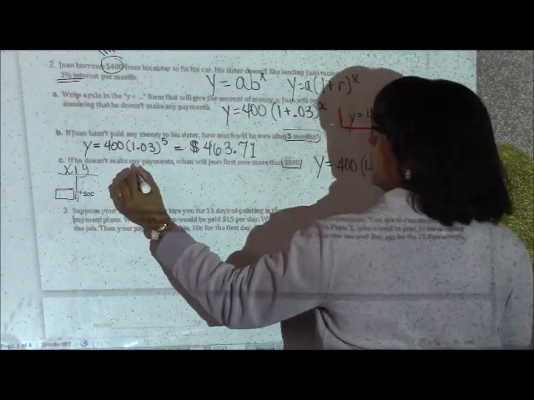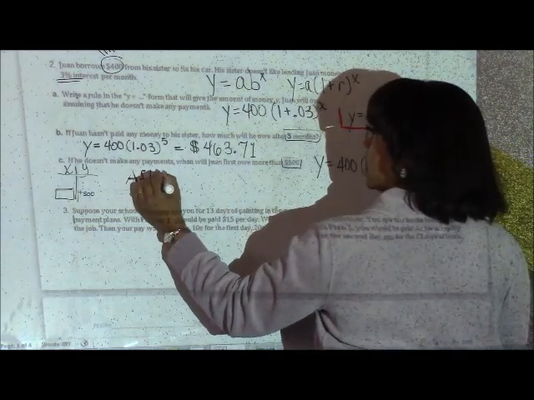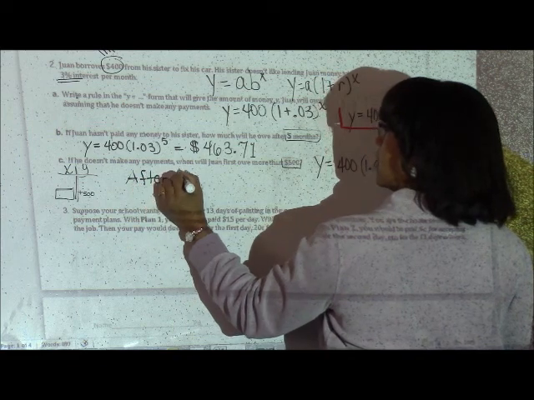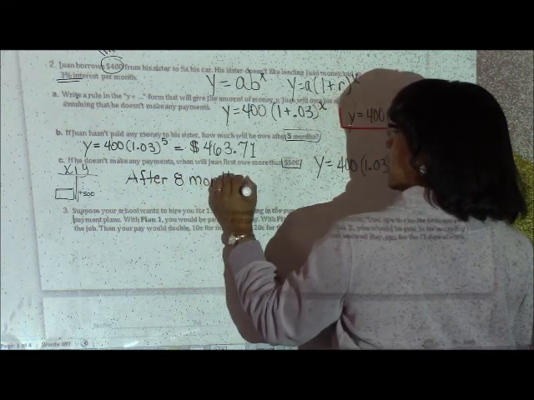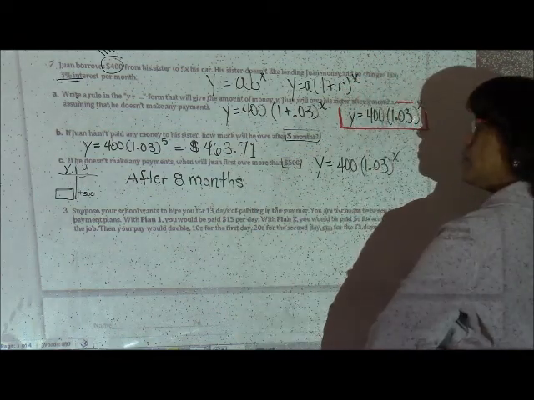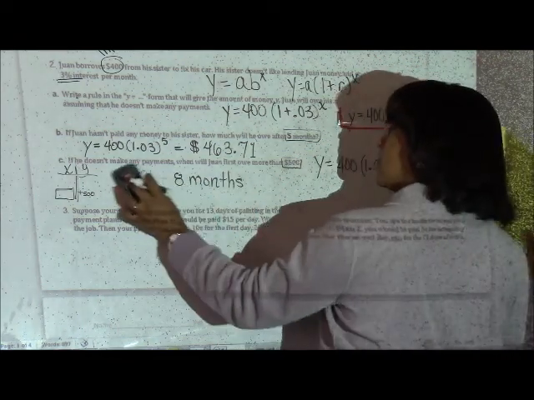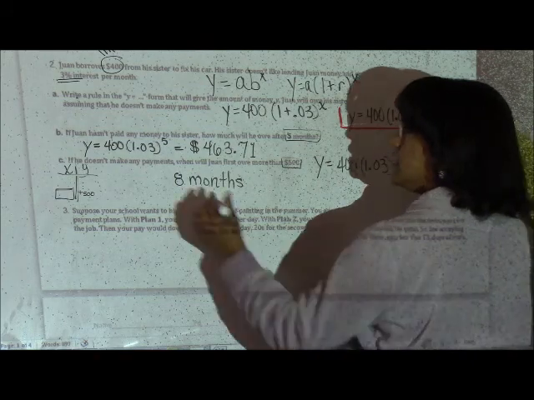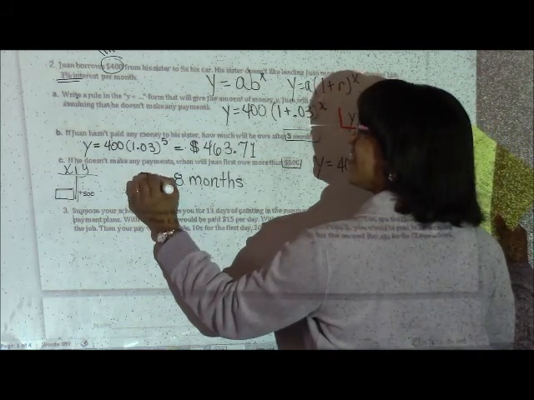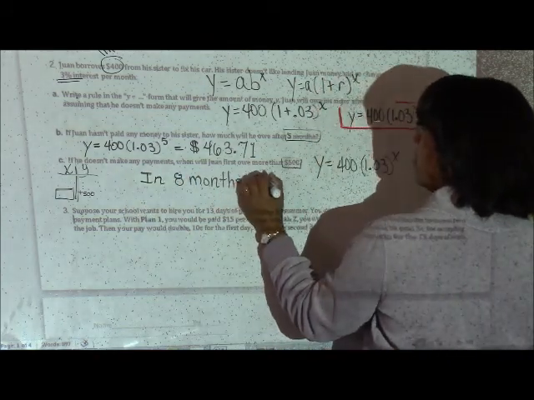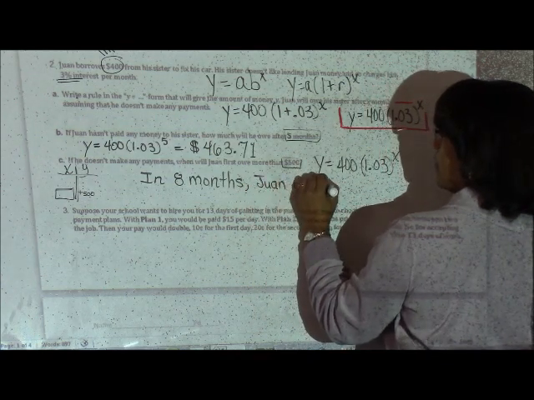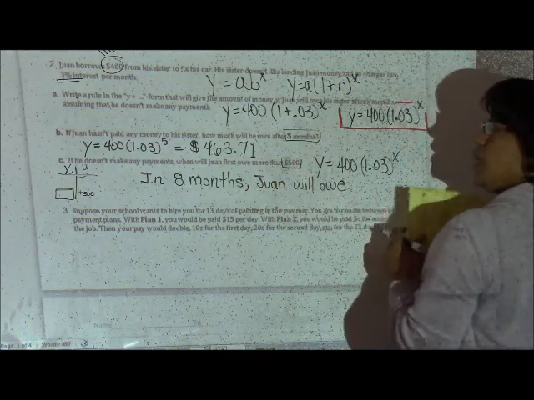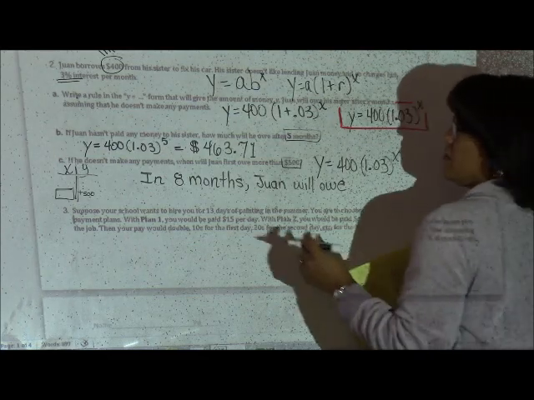So after 8 months. Or I should say at 8 months, because I don't want to mislead you. Let's say in 8 months, Juan will owe, and you can say more than $500.